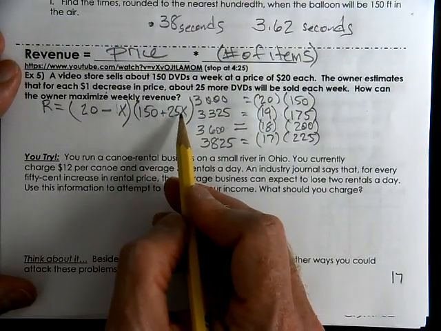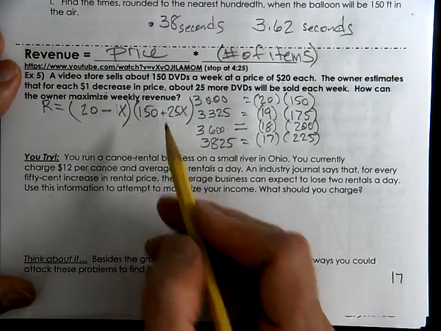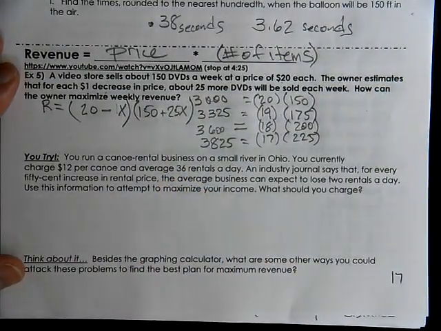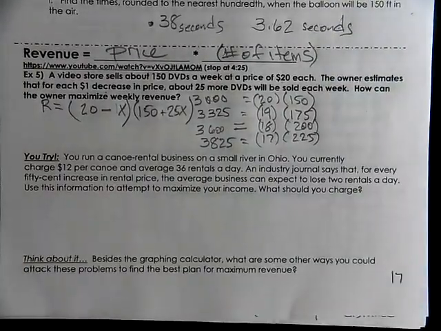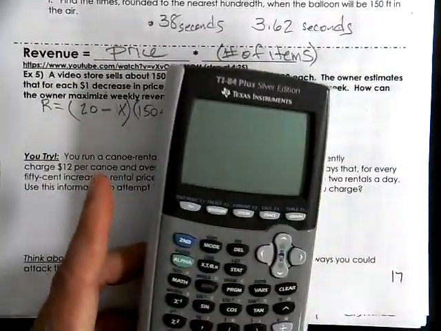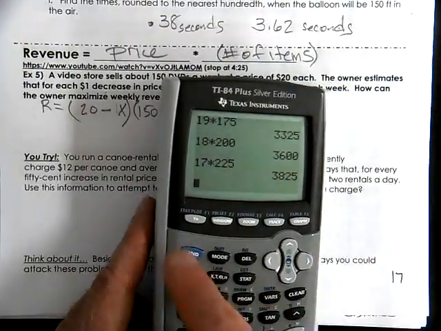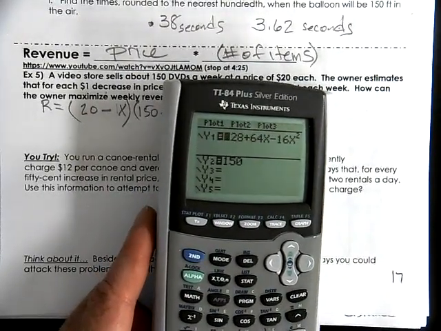We're also changing the number of items we're selling by 25. So we can now go into our calculator, y equals.